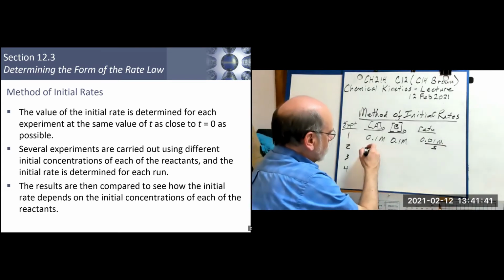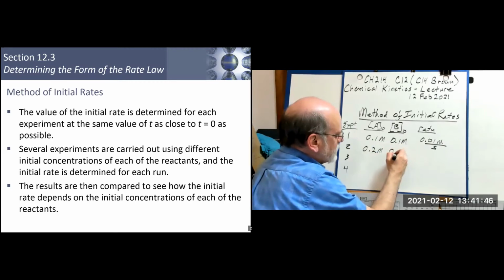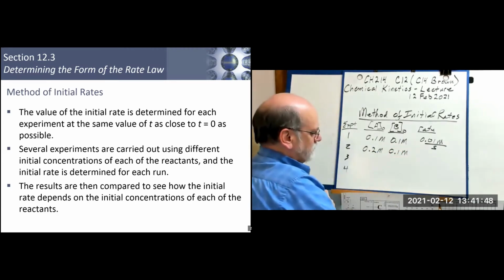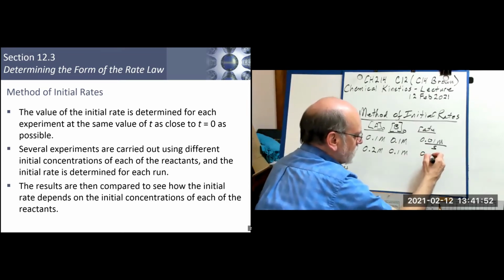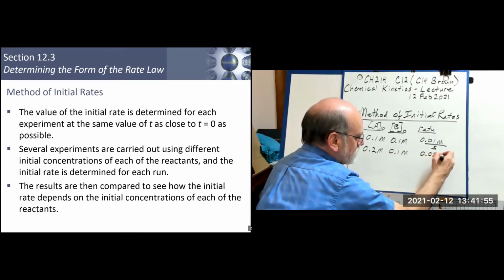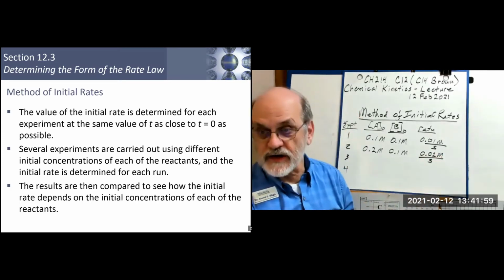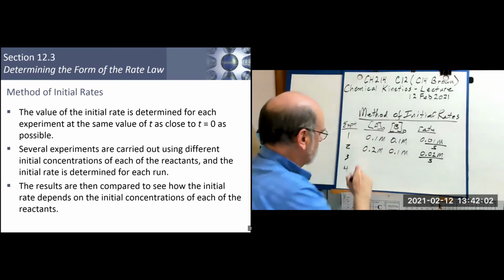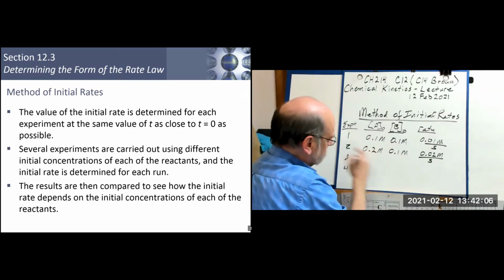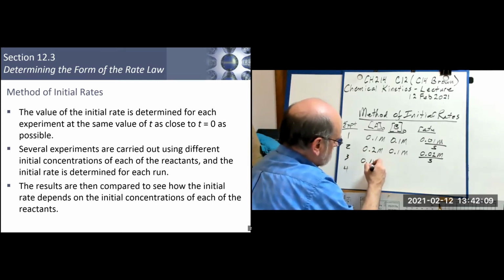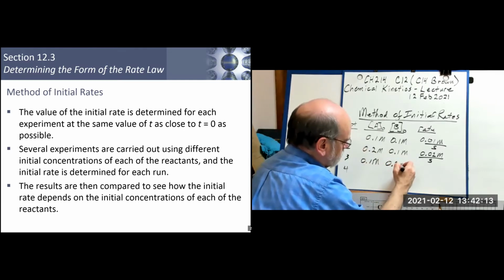Then you may do this one and change this one, but you leave this one the same. And you find that now the rate of the reaction changes to 2 molarity per second. And then you may take this one back to this one here, and then make this one 0.2.